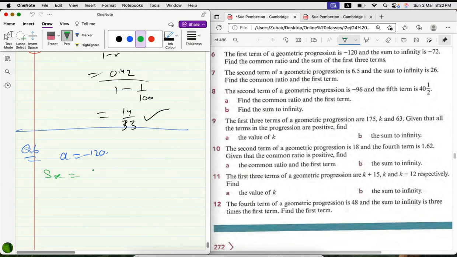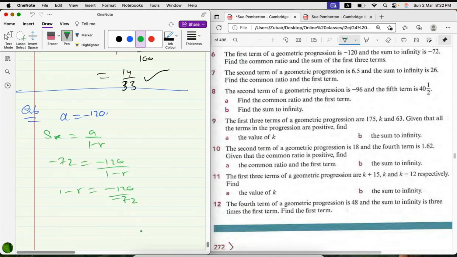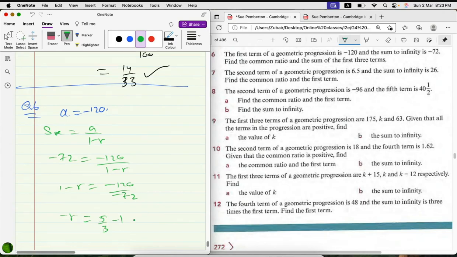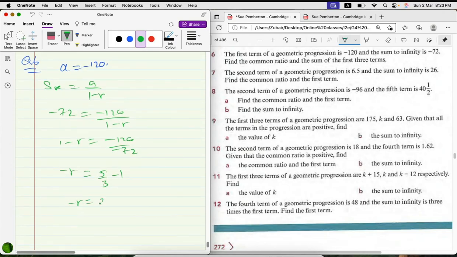Sum to infinity is a over 1 minus r. So minus 72 is equal to a, which is minus 120, over 1 minus r. 1 minus r is equal to minus 120 by minus 72. Minus r is equal to 120 by 72, which is 5 by 3, minus 1 is 2 by 3. Minus r is equal to 2 by 3, so r is equal to minus 2 by 3.